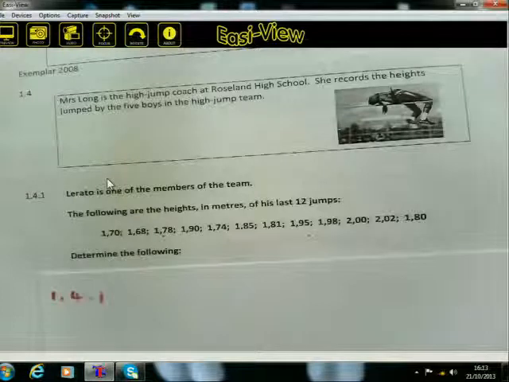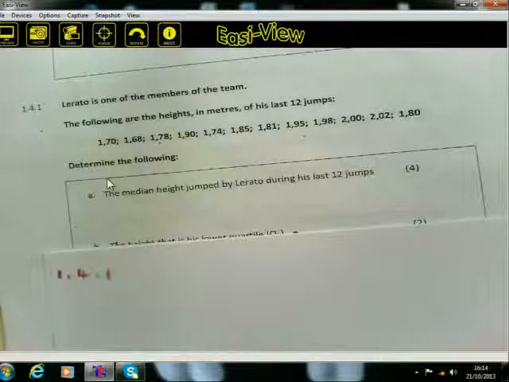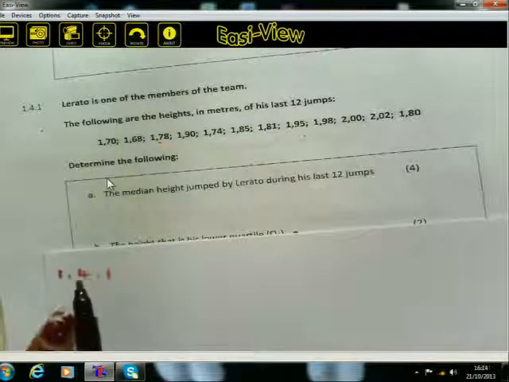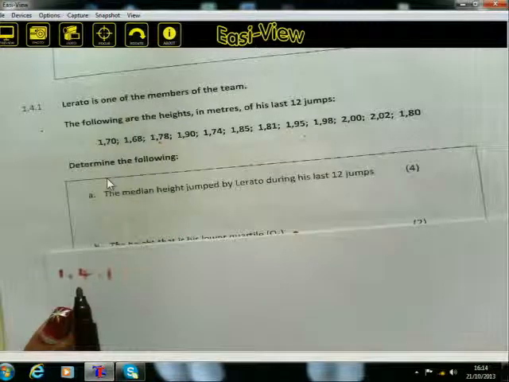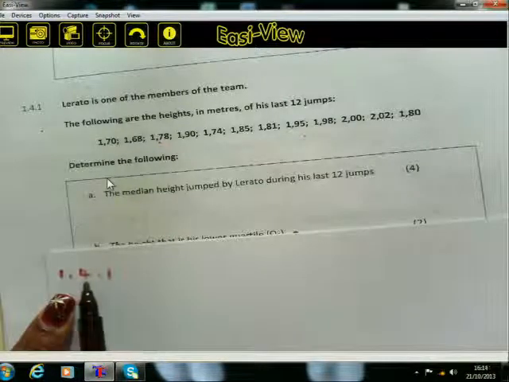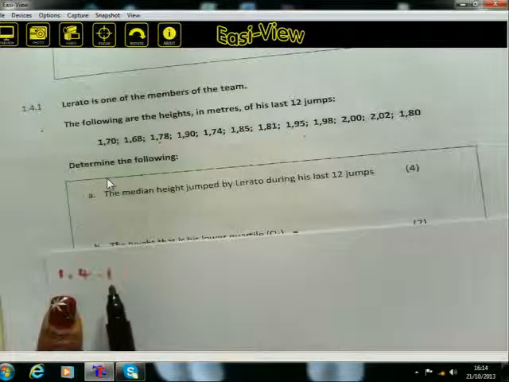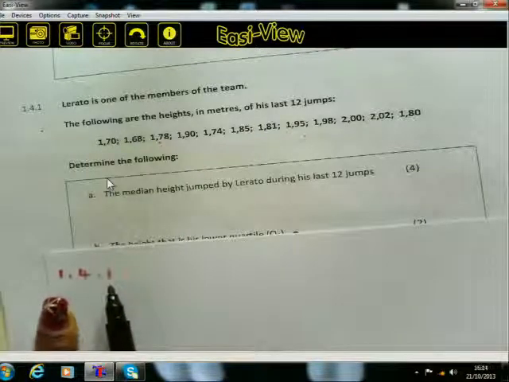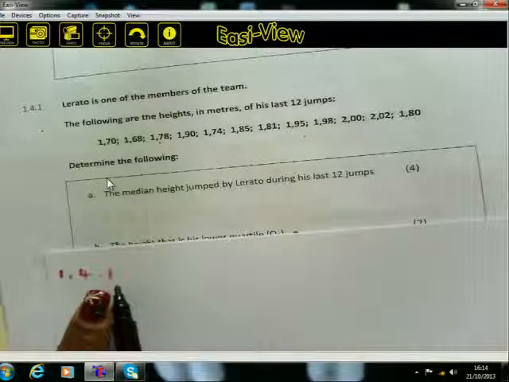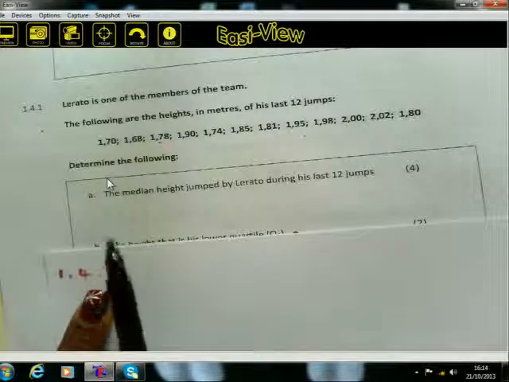It says determine the following. Let us check. Remember, now the numbering of this question is 1.4.1. Don't forget to write a number for that question. Thereafter you check. Now they say determine.